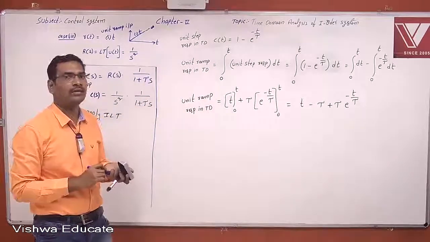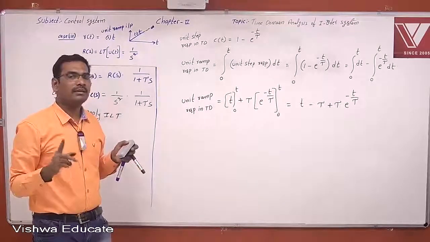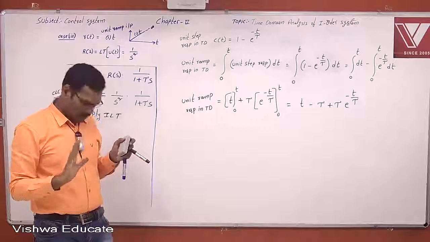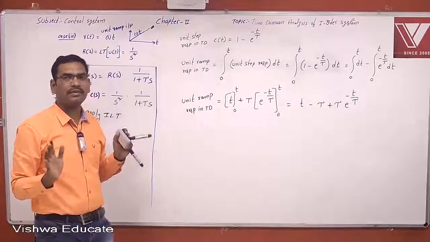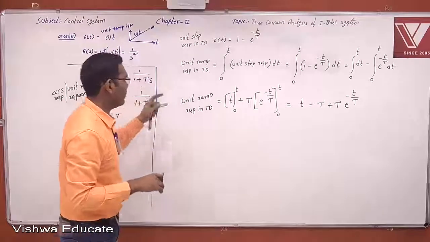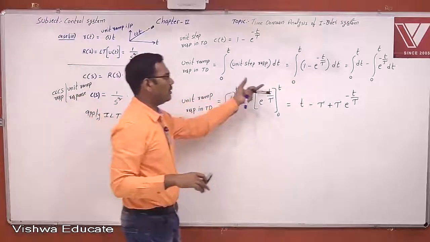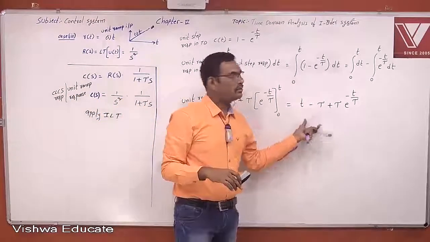Okay, the only practical response is nothing but step response. Theoretical response, we can directly go for the impulse one. Okay, that is the best one for theoretical, and the best one for practical is the step response. Okay, this is for the calculations part. You just take this one. I hope you finish this one. Just do that integration part. Okay.